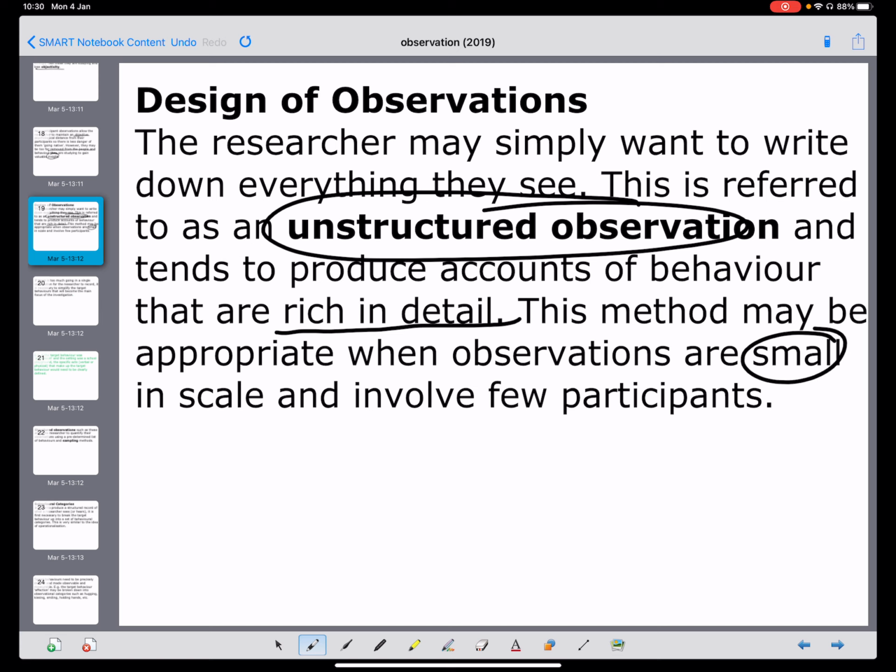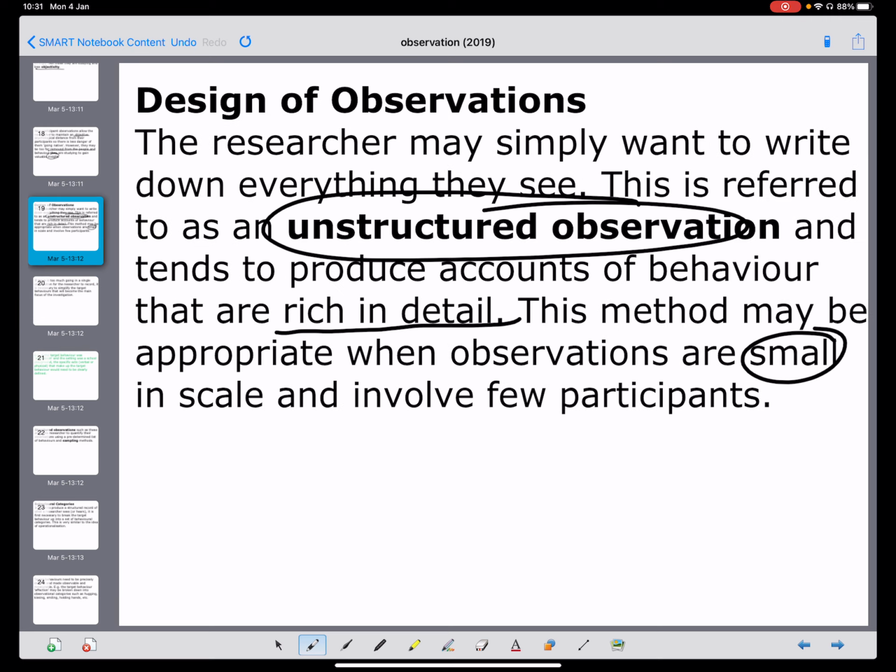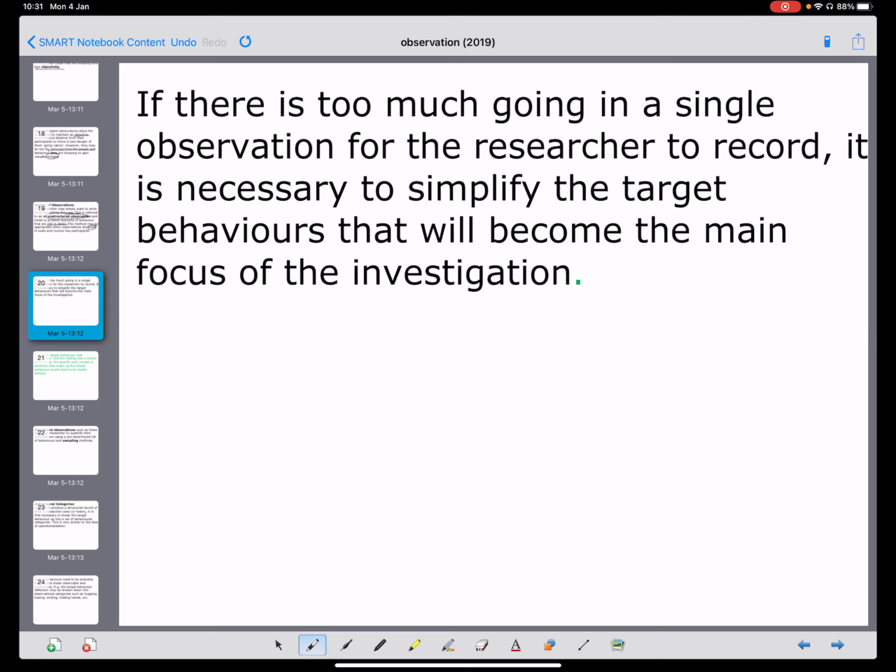I just literally go to the room and observe everything that's happening in that particular room. But of course, the problem with an unstructured observation is that there might just be too much to record.